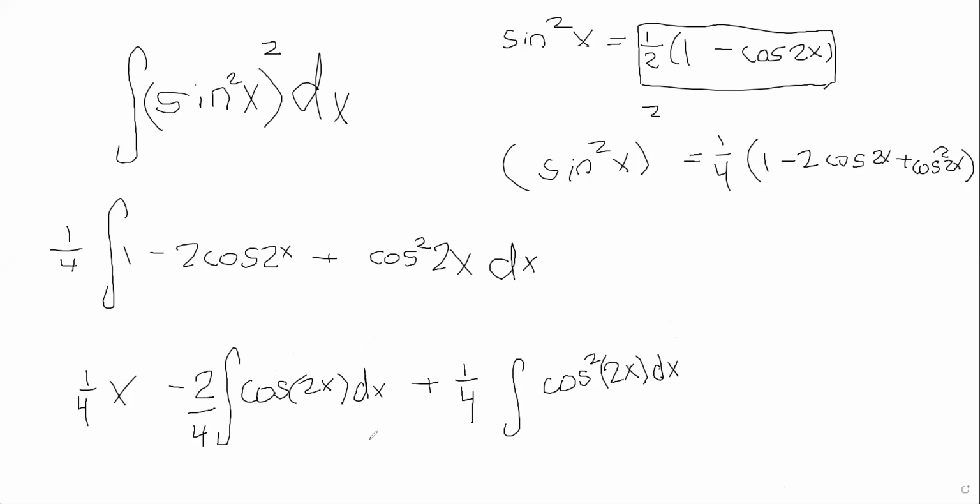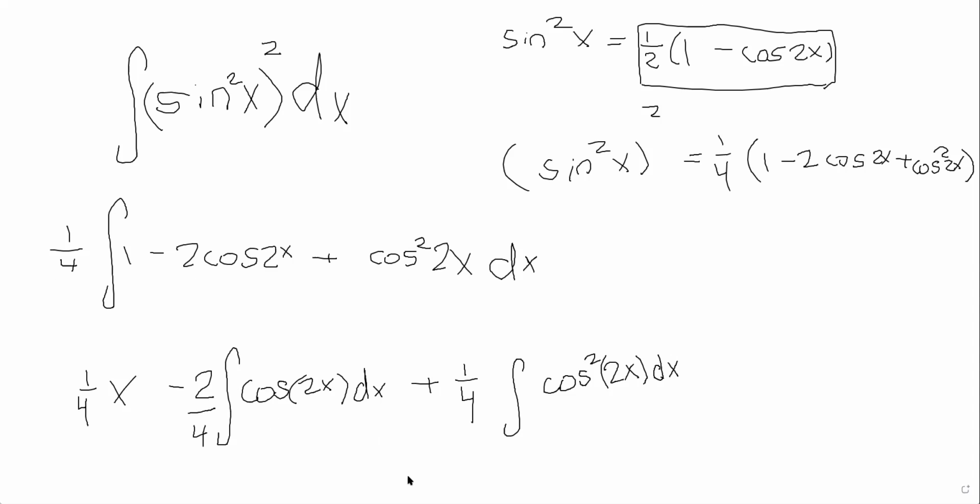So I have 1/4 times, in parentheses, the integral of 1 dx minus 2 times the integral of cosine 2x dx plus the integral of cosine squared 2x dx. But don't forget to distribute the 1/4 to all three of the integrals. They all have to have 1/4.